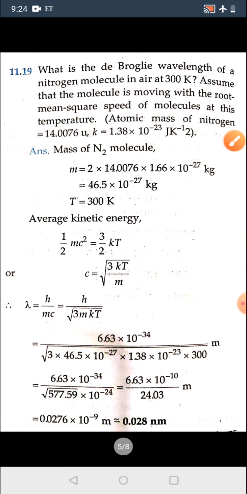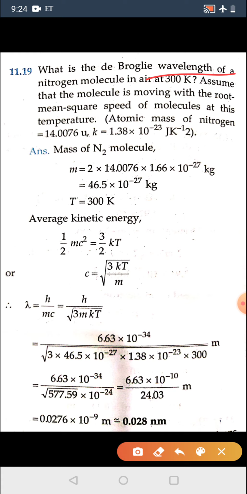Then in question number 19, what is the de Broglie wavelength of a nitrogen molecule at 300 Kelvin temperature? Assume that the molecule is moving with the root mean square speed of a molecule at this temperature.